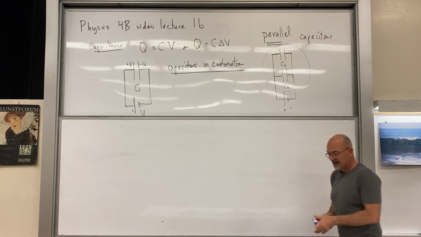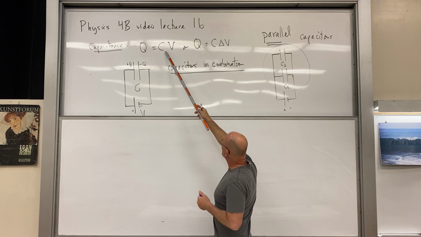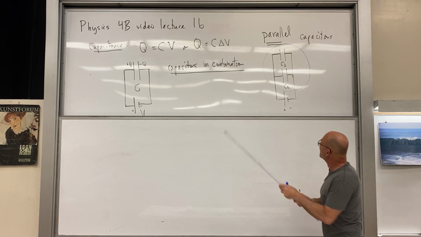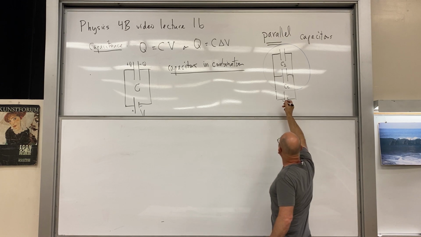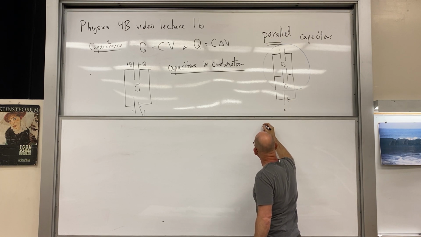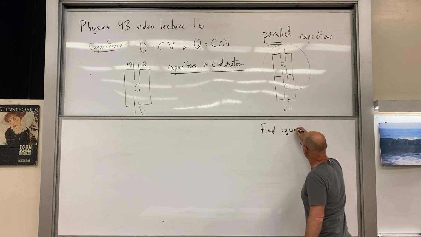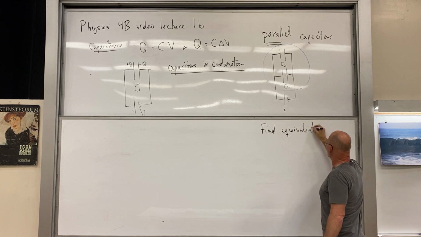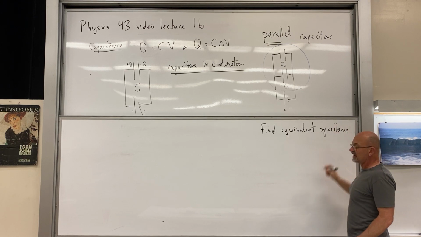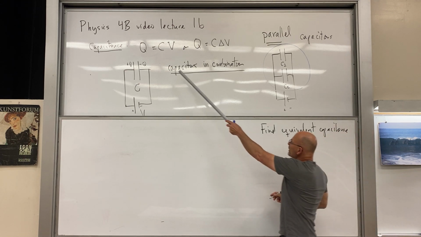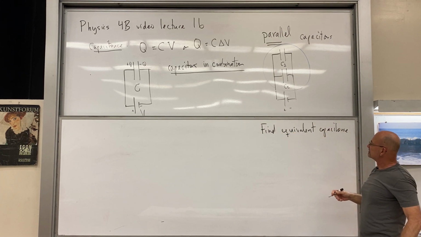Okay. And what we see is the charge is the capacitance times the voltage. So what we have for this set here, let's go ahead and write find equivalent capacitance. And what we have now is Q equals CV for both of these.